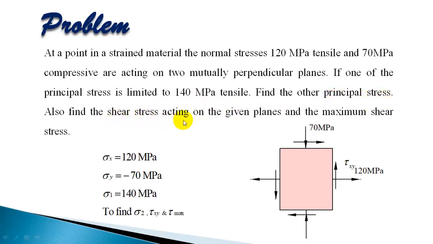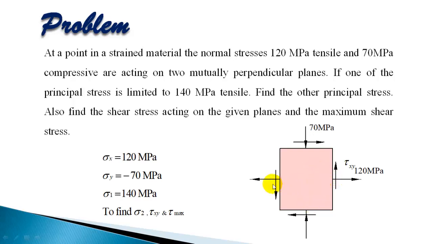Also find the shear stress acting on the given planes and the maximum shear stress. So at a point in a strained material, normal stresses 120 megapascal tensile and 70 megapascal compressive are acting on two mutually perpendicular planes.